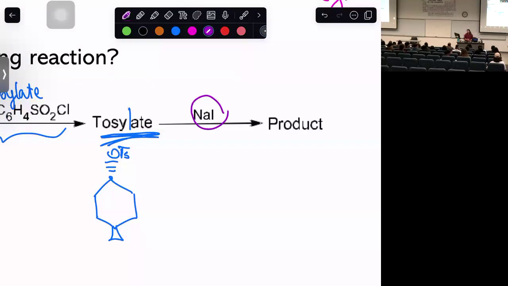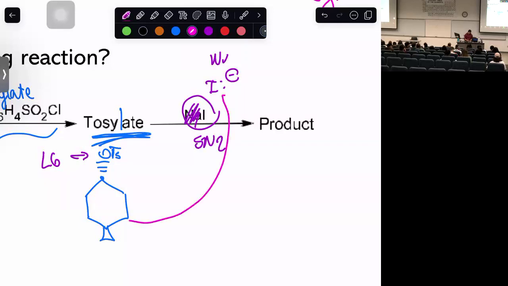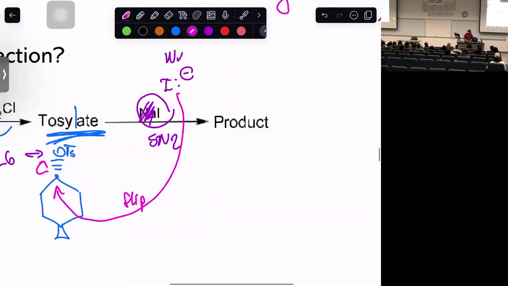What's that? What kind of reaction are you trying to do? SN2, exactly, because remember, this guy is a pretty good leaving group. Sodium goes away and I'm left with a pretty good nucleophile. So we do SN2, which means we do the backside attack, which means that we flip the stereochemistry and then we kick out our leaving group.